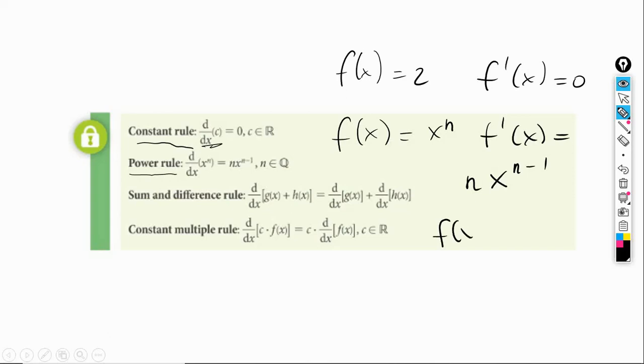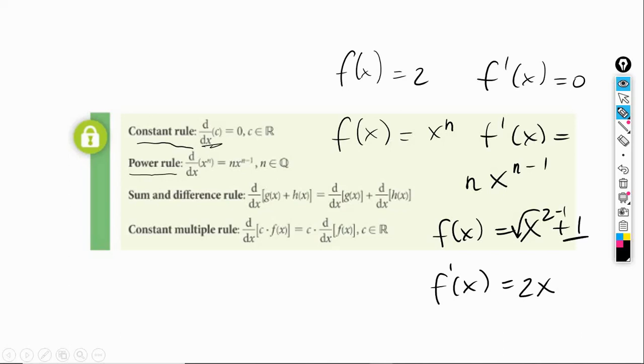If we have f of x equal to, say, x squared plus 1, then the derivative of this would equal 2 times x to the power of 1, right? Because we send this to multiply and we subtract 1 from here. And because this is a constant, the derivative of that would be 0.